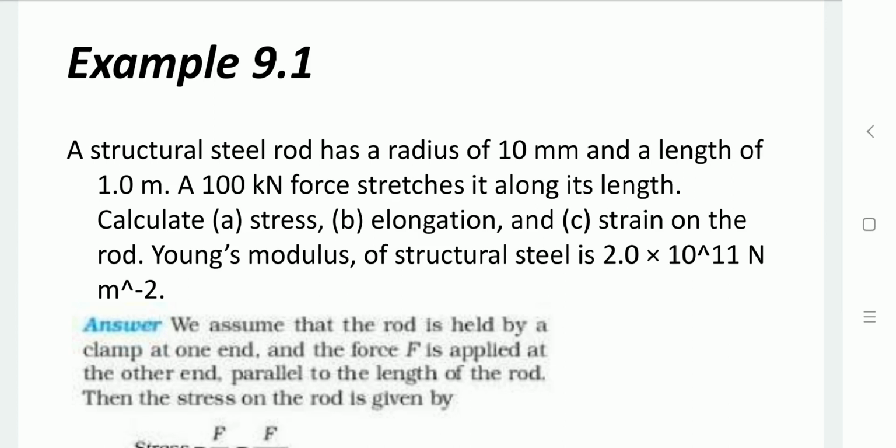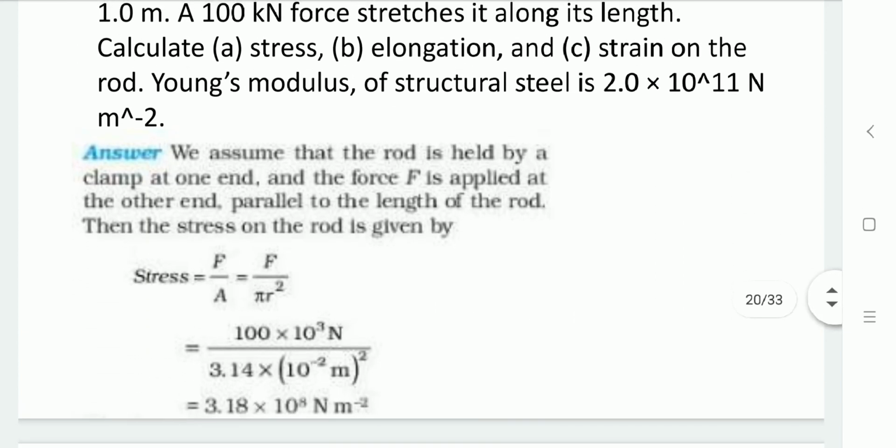Young's modulus of structural steel is given as 2 into 10 raised to 11 Newton per meter square. Here, as you can see, the rod is held by a clamp at one end and the force is applied on the other end, parallel to the length of the rod.